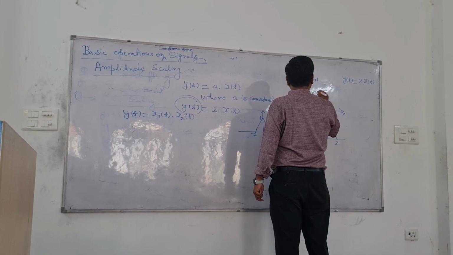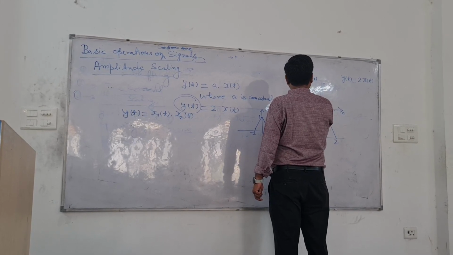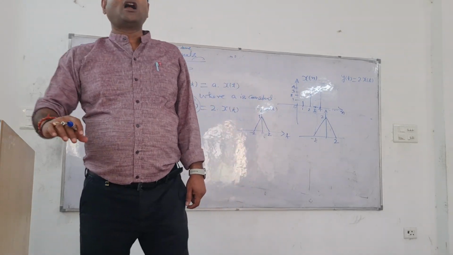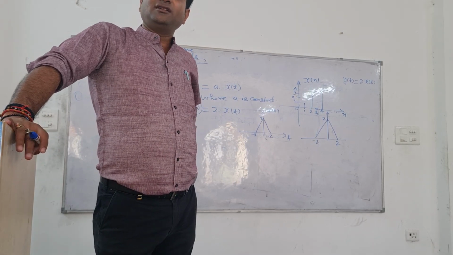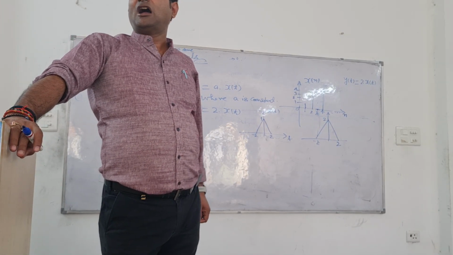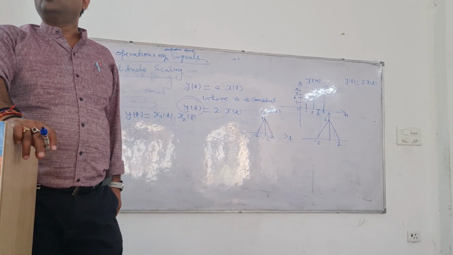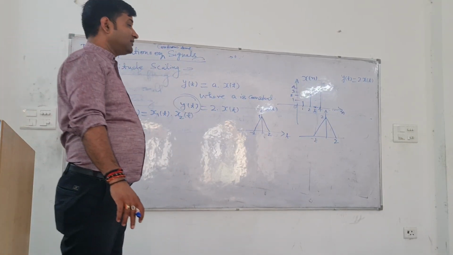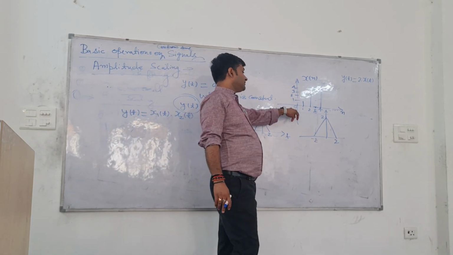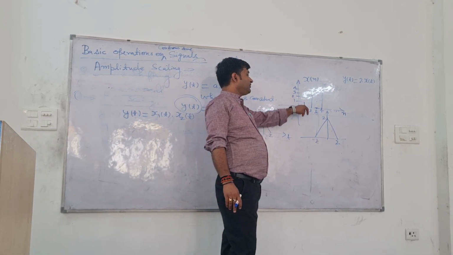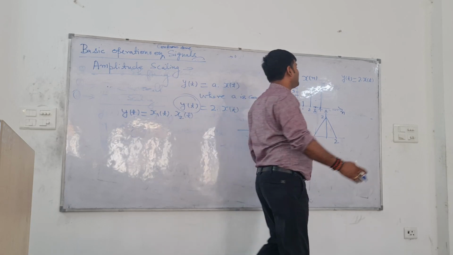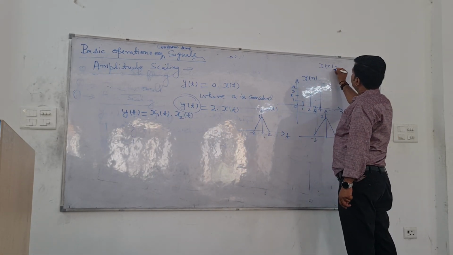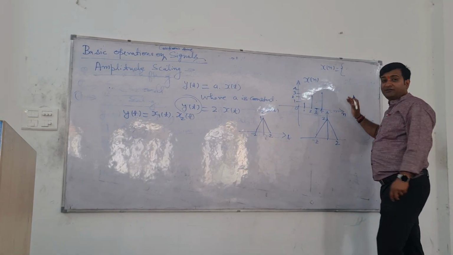For example, you have taken a basic example of how to represent a discrete time signal in graphical manner, how to plot it. You have represented x[0] by the signal value. You have written this signal in this form. x[n] can be represented in the sequence manner.